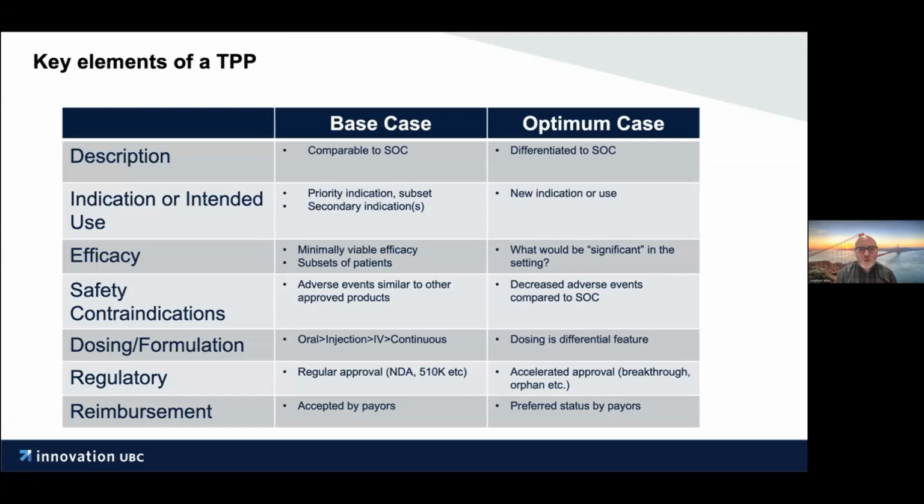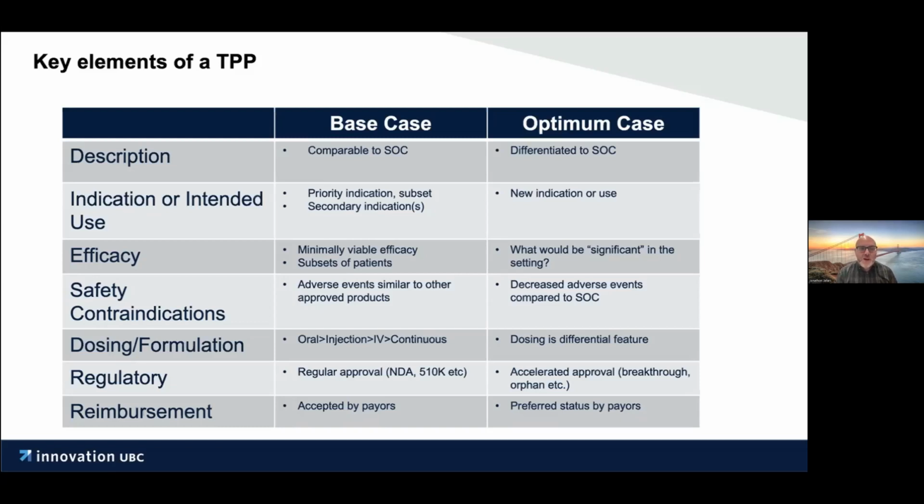And what's the base case, the minimum required to get your product onto the market, and then how is it differentiated? What are things you can do to make your product more valuable to different patient populations? What studies can make it more accepted by payers, and get you a higher percentage of the market?